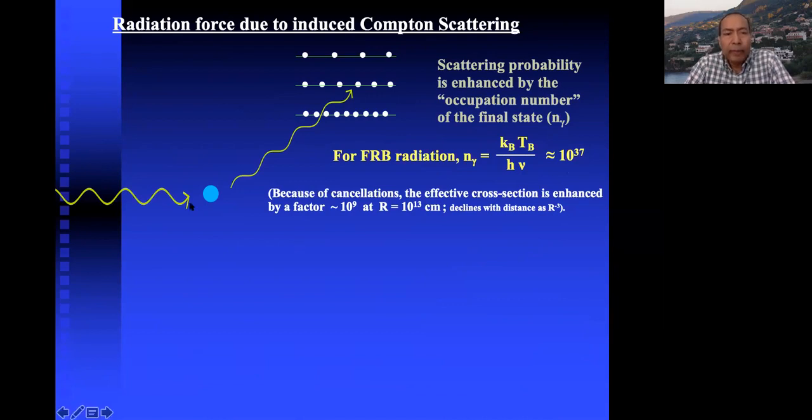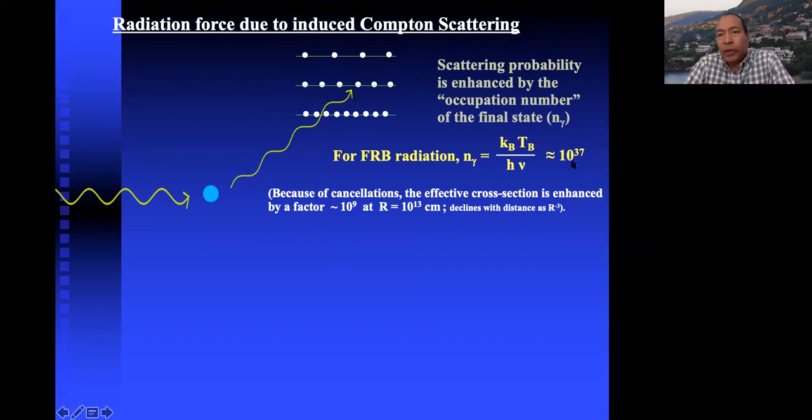In the following way. These photons are scattered by an electron, that's the standard Thomson scattering. The probability of this scattering is enhanced by the occupation number of the final state.